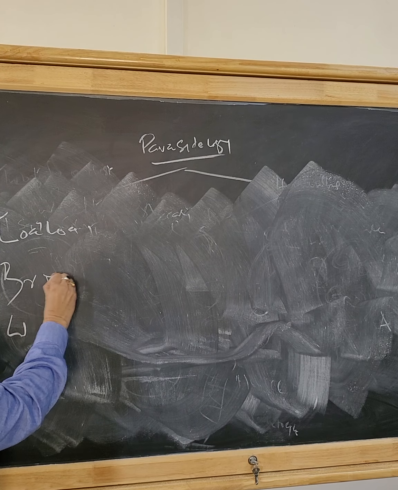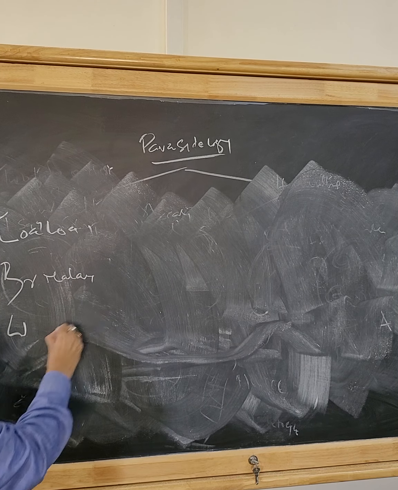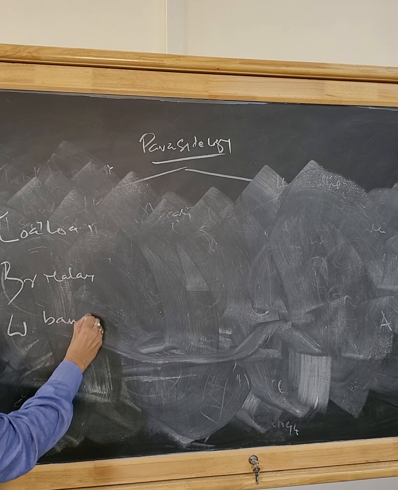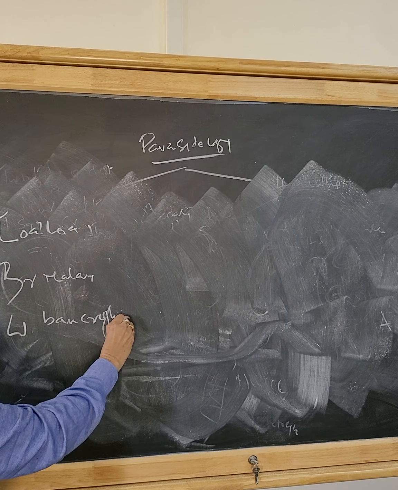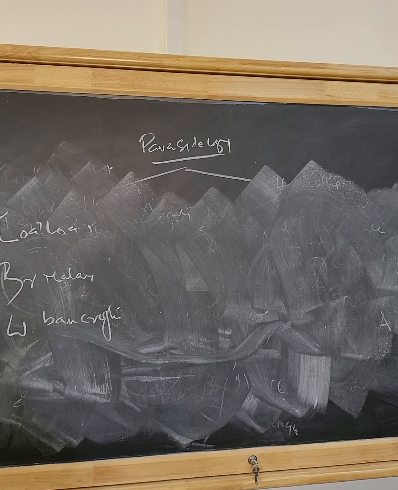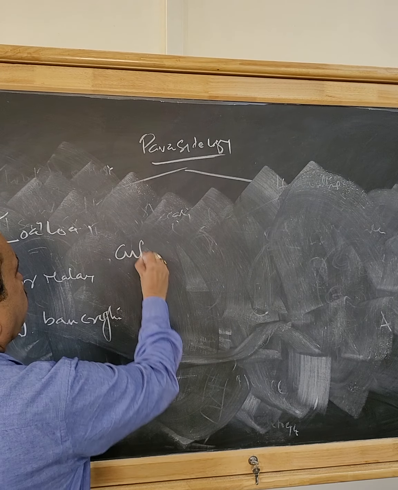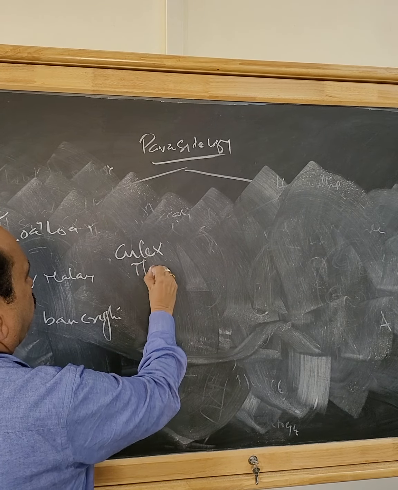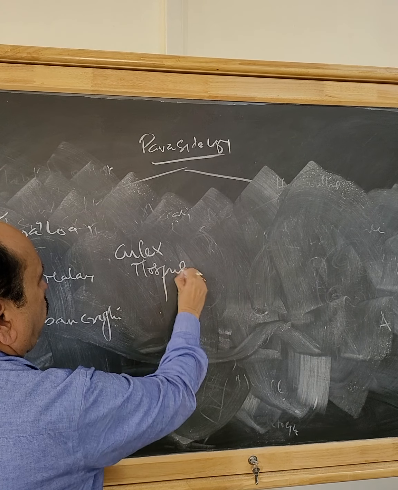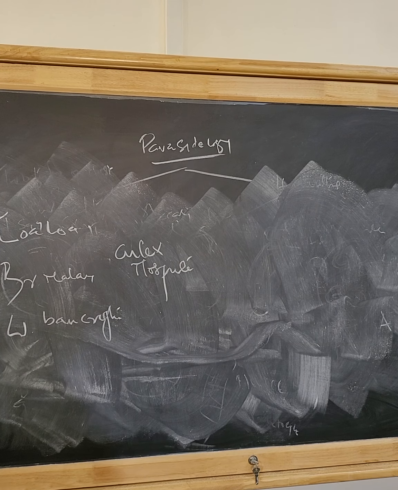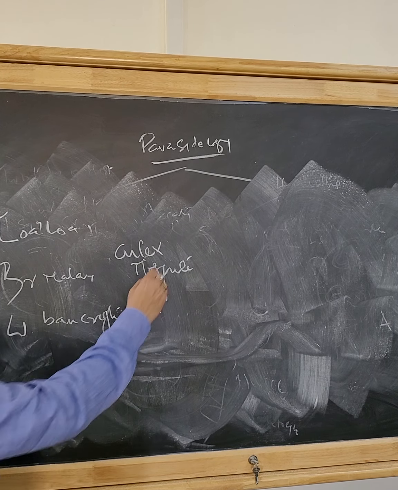Brugia malayi, Wuchereria bancrofti. Man gets infected by the bite of Culex mosquito. Infective form is L3 larva.